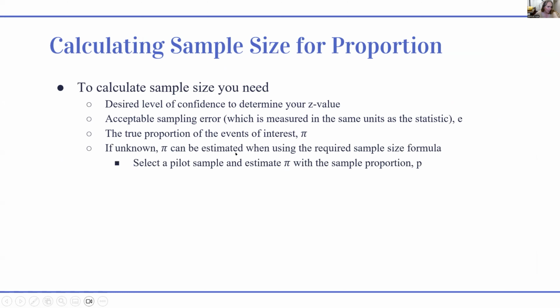Generally, you don't know pi, or you wouldn't need to do the study. You don't know really what percent of people are going to vote for Barack Obama, but that's why you're doing the study, right? So you create this sample, you poll however many people, and you estimate pi from that, right?